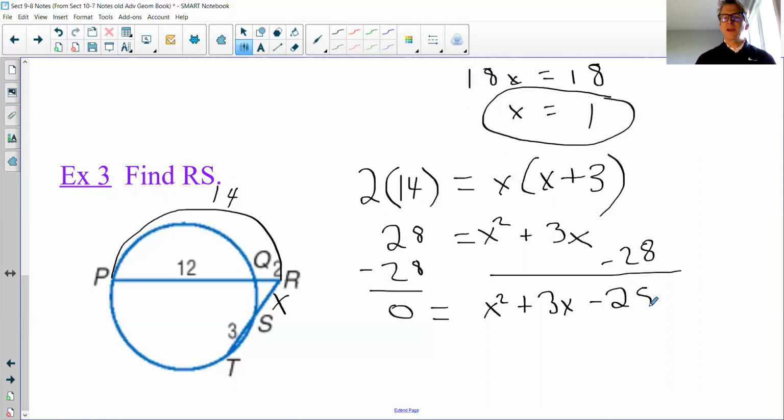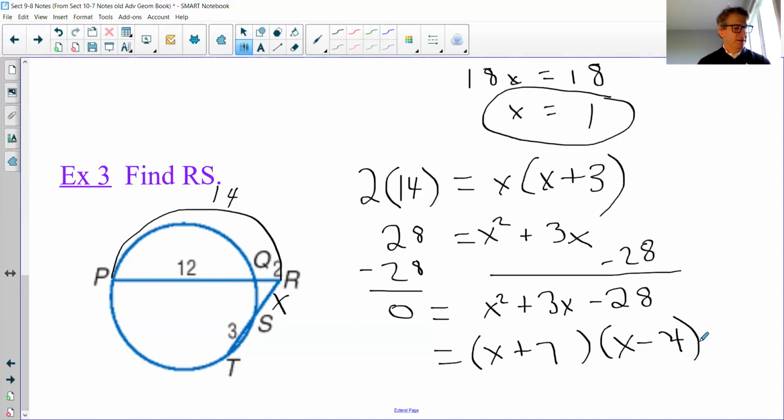Okay, so let's factor this. What two numbers, when you multiply them together, you get negative 28, but if you add them together, you get positive 3. X plus 7, X minus 4.